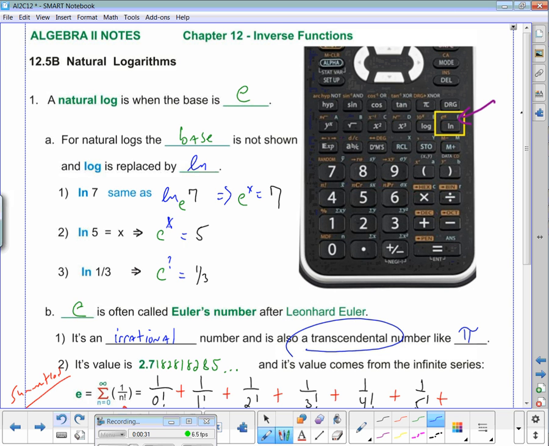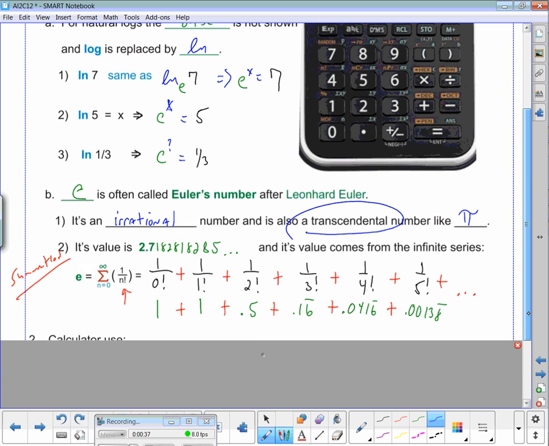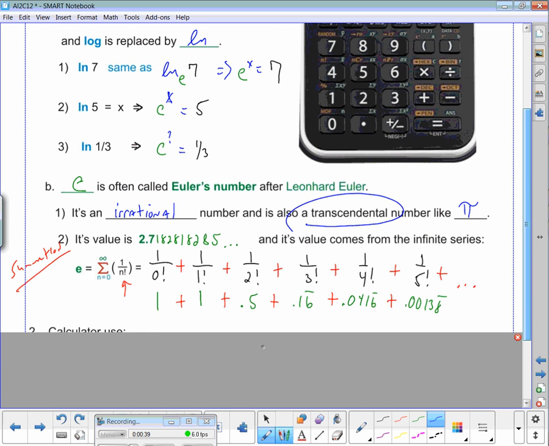Where does e come from? It's Euler's number, after Euler. It's an irrational transcendental number like pi. Basically, the value is 2.71828. Even though it has another 1828, it does change after that. It goes on forever, non-repeating, non-terminating. It's irrational.